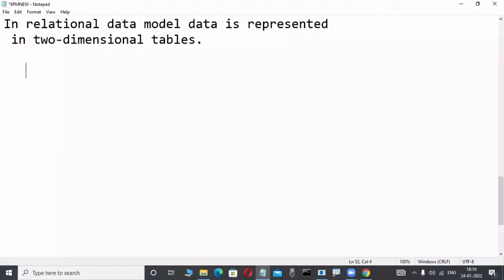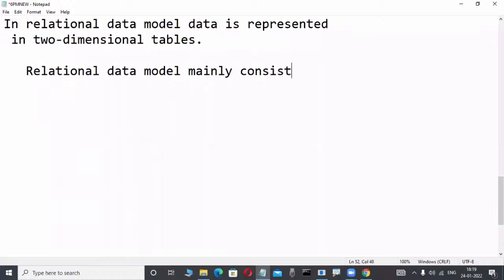Any relational data model product we observe mainly consists of three components. Three components, what are those components? You must be familiar with these names before we start our course.